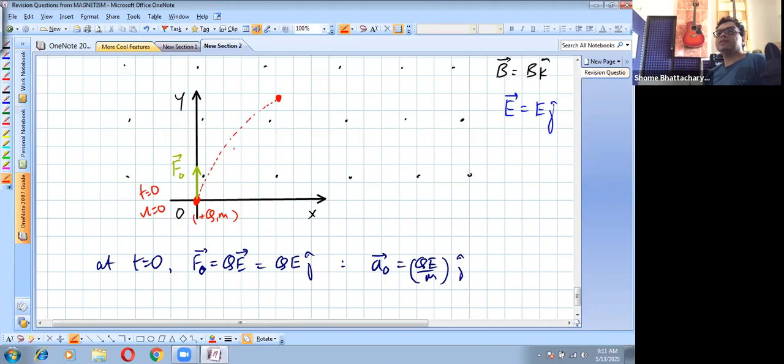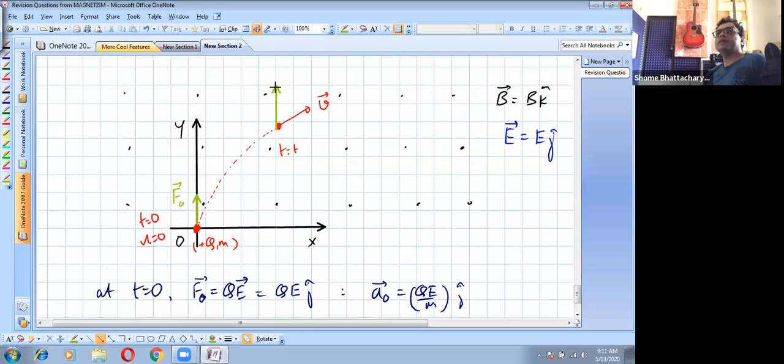And just by analysis of V cross B, you can see that it will start turning like this. So let us say at some time t, it's got a velocity vector which is like this V. So at this point of time now, the net force on it will change because there will be a combination of electrostatic force which is acting on it, and along with that there will be a magnetic force also which acts on this now.